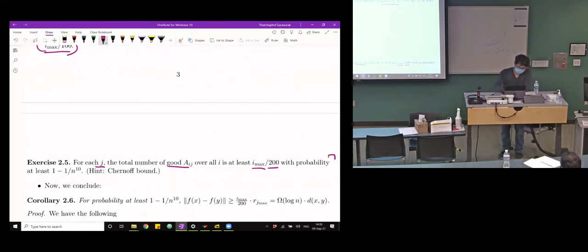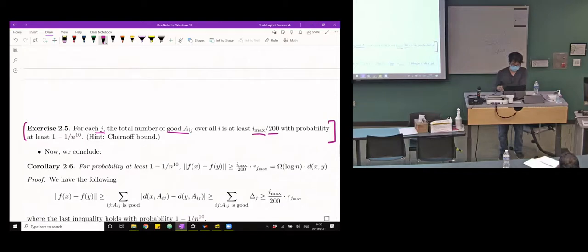So this is an application of Chernoff bound. You can try to recall how to use Chernoff bound and convince yourself about this. But now we have that for every j, the good a_ij are a constant fraction.